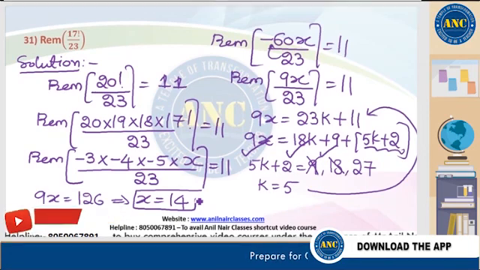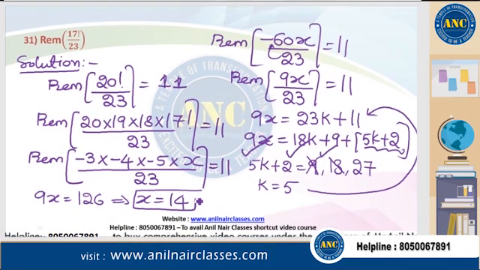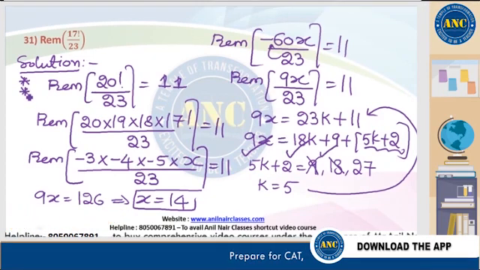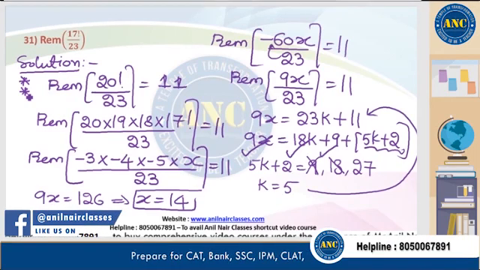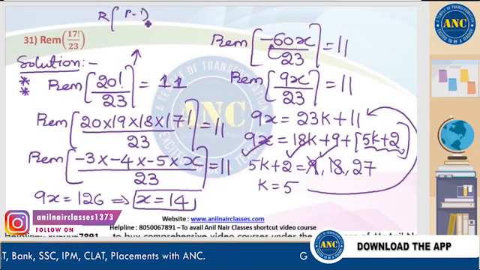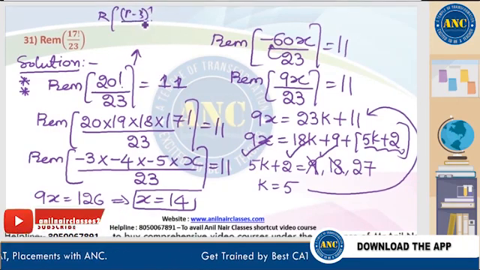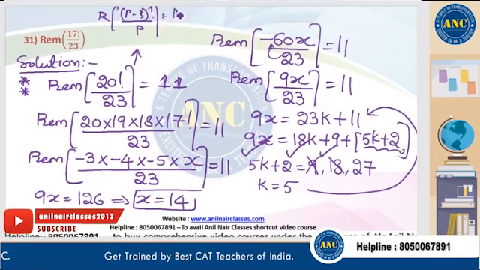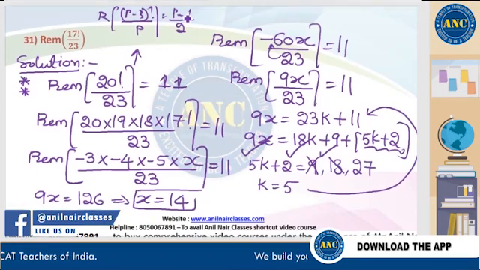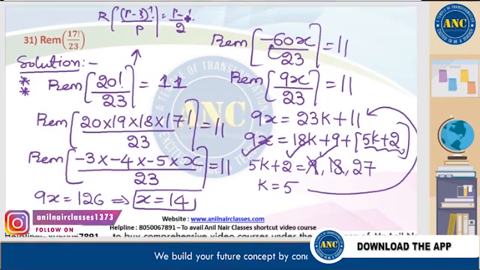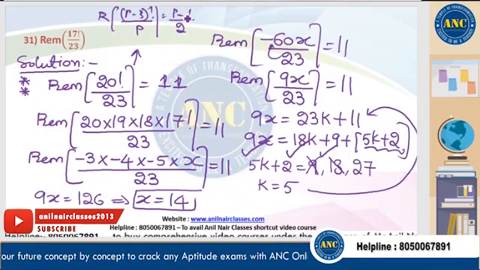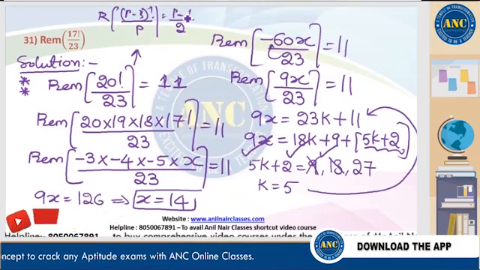20 factorial divided by 23 is 11. If you know this, that is the reason I gave this question after the previous question. P minus 1 factorial when divided by P gives (p minus 1) by 2, when the denominator is a prime number. 20 factorial is 20 into 19 into 18 into 17. 20 divided by 23 is minus 3, minus 4, minus 5, into x when divided by 23 is 11.